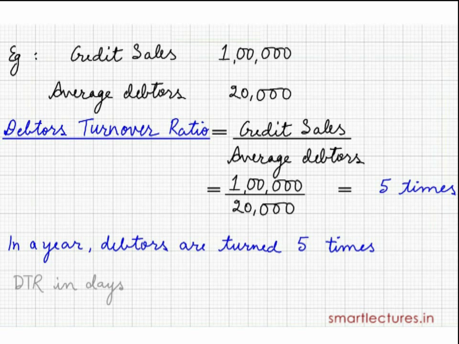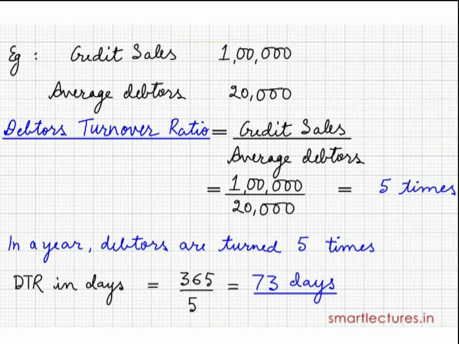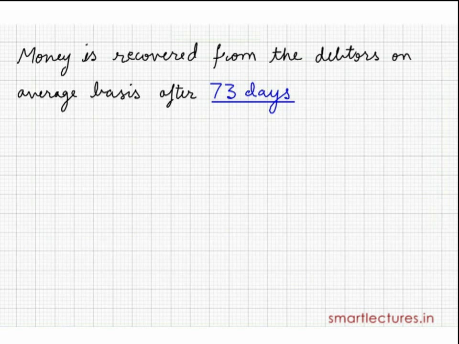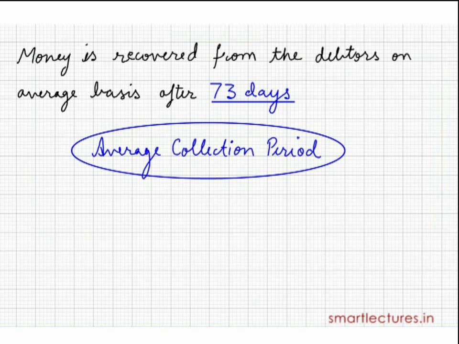If you calculate in days, that will be 365 days upon 5, means 73 days. What does it mean? You recover the money from the debtors on average after 73 days. And it is also called average collection period. Average collection period means 365 days upon debtors turnover ratio.